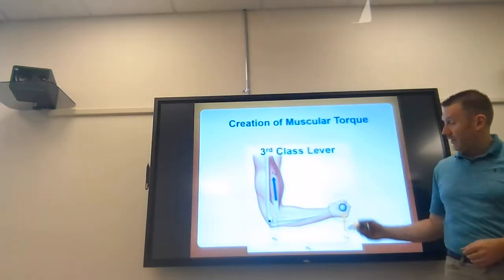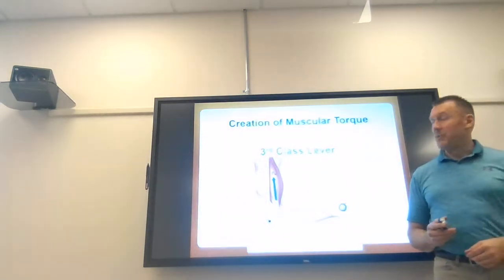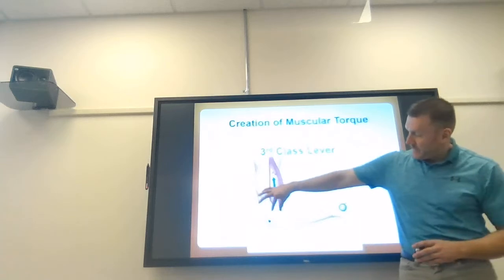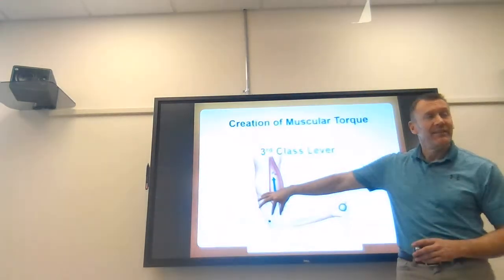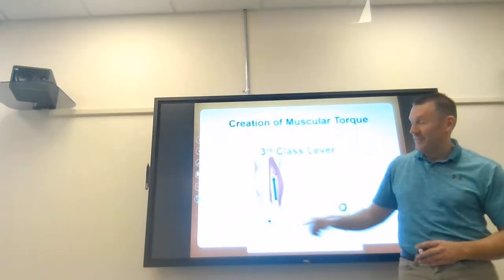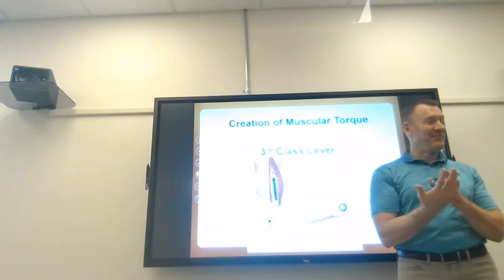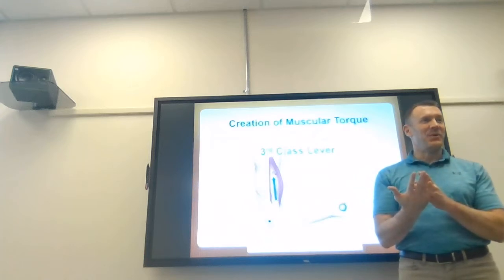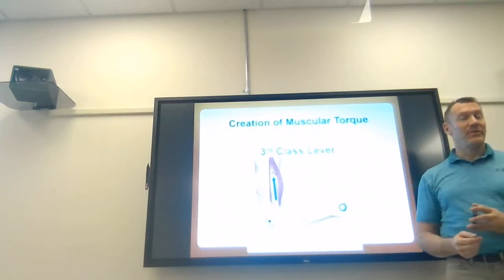So from the hand all the way to the elbow here. So most of the time, this distance is about an inch to an inch and a half, versus however long it is from your elbow to the center of your palm, which is more than an inch and a half. So that's what the resistance is working with.